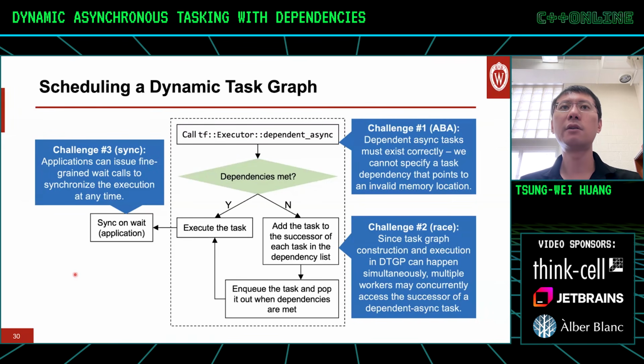Data race, because task graph construction and execution in DTGP can happen simultaneously. Multiple workers may concurrently access the successor of a dependent async task. We must prevent data race. Synchronization. An application may issue a fine-grained wait call at any time in DTGP. So we need to ensure synchronization does not introduce too much overhead.